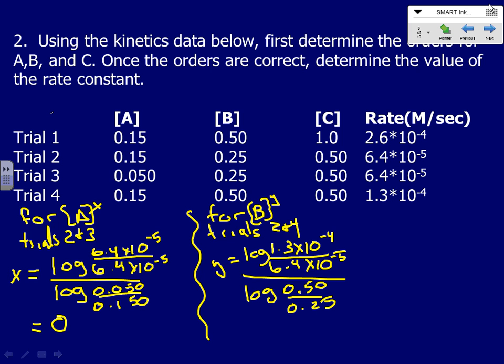Again, you can plow through it, but I think you're going to see double and double, right? 2 and 2, right? So if one doubles and the other one doubles, what's the exponent? Yep, exponent 1. If one doubles and the other one doubles, that's an exponent 1. And you push that through your log-log calculation, and you should get a 1.